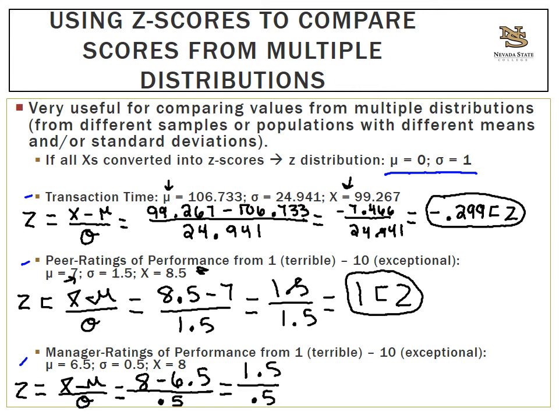Notice that in terms of ratings of performance, your score was 1.5 points higher when it came to peer ratings and 1.5 points higher than the mean when it came to manager ratings. But how impressive that is depends on how it compares to the standard deviation. Well, before, that was within the range of most scores.